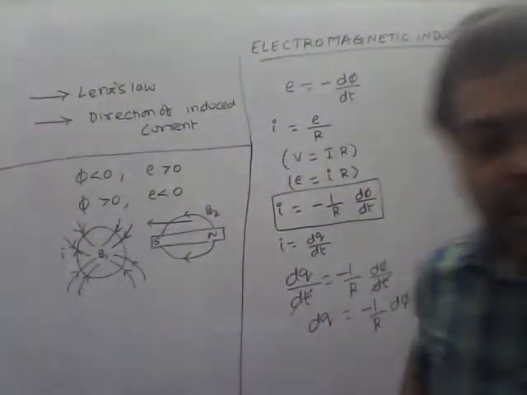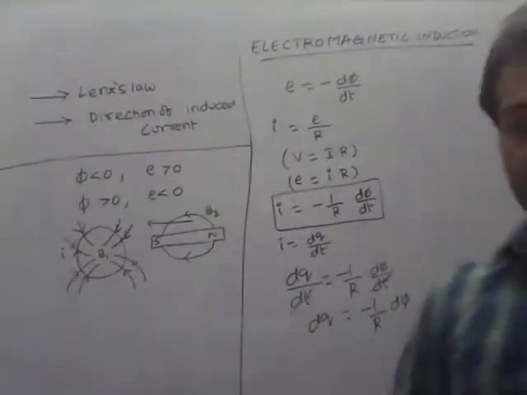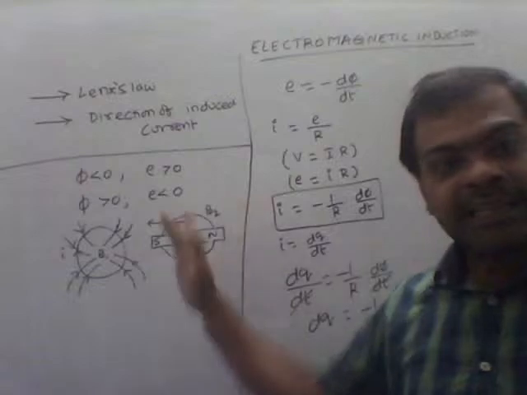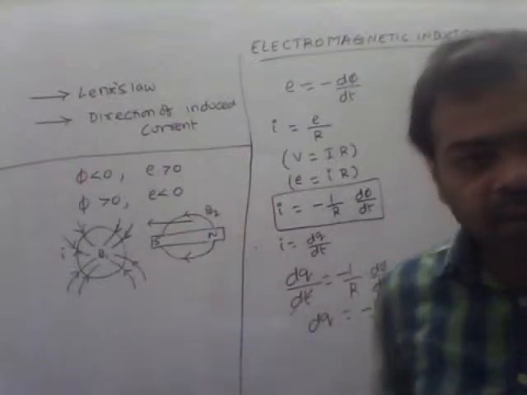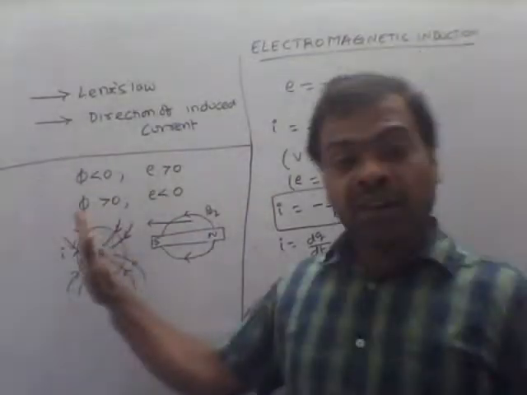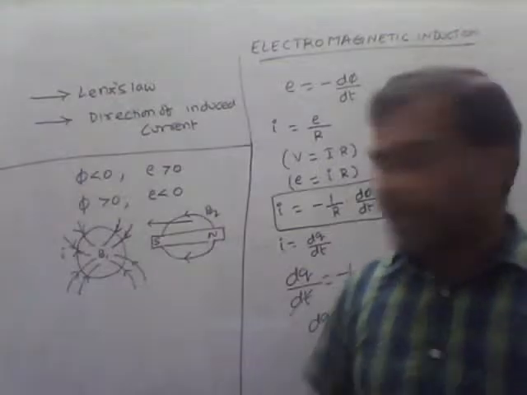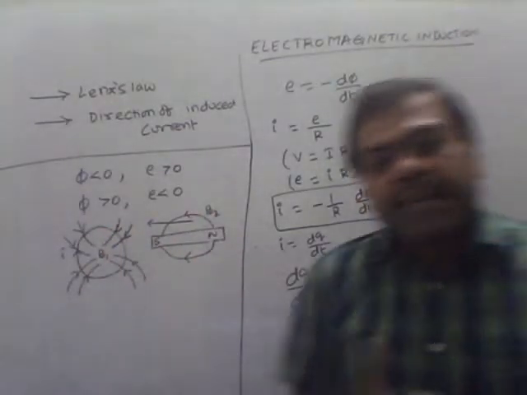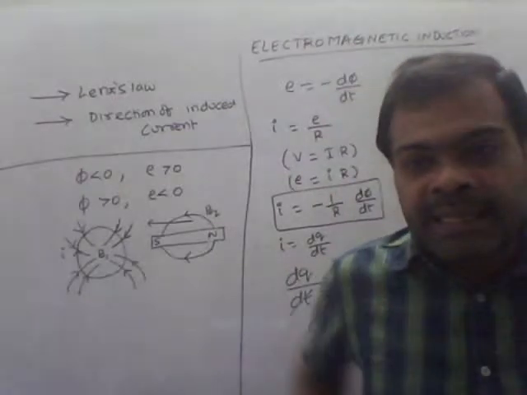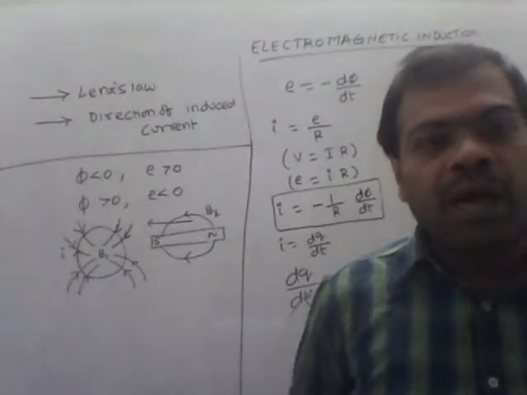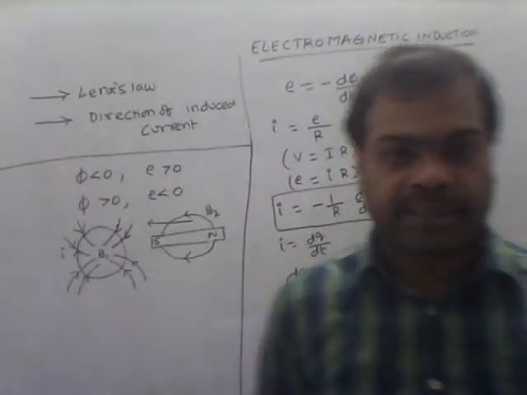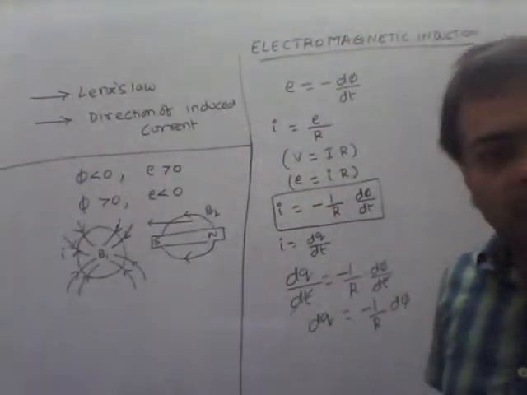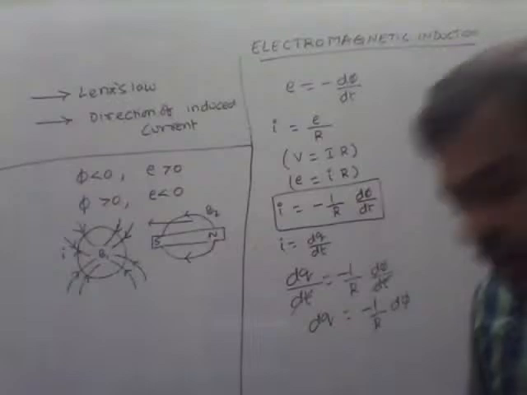Now I want to find the direction of the induced current in different cases: when the magnet is moving towards the coil, the magnet is moving away from the coil, the circular coil is moving towards the magnet, and the circular coil is moving away from the magnet.